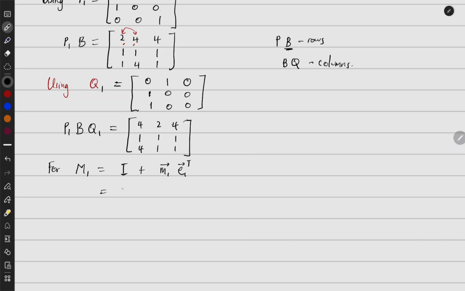This is the identity matrix, 1, 0, 0, and this M is the matrix attained based on our pivot. The pivot is in the first column, so you put a 0 there. Then this is going to be this 4 dividing this, and you put a negative.